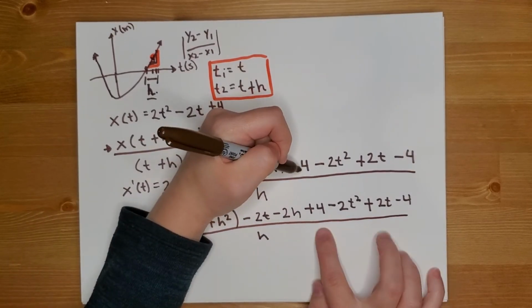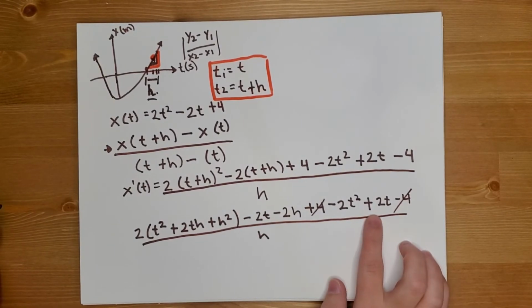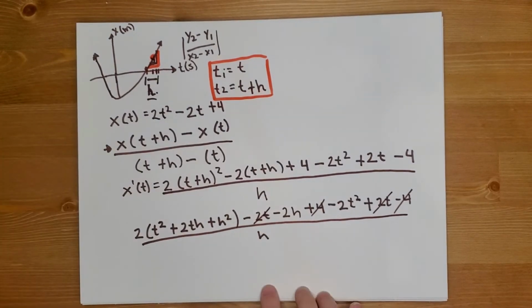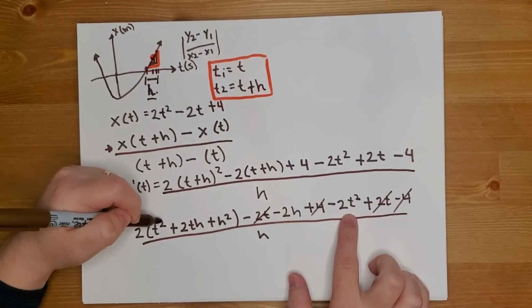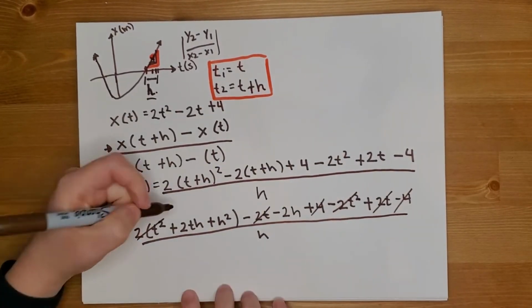Well, we have a plus 4 and a minus 4. We can just delete those two. We also have a plus 2t and a minus 2t. We can also just delete those two. And here I can see that I have a 2t squared and a minus 2t squared. Let's just delete that as well, so we don't have to keep dragging them.